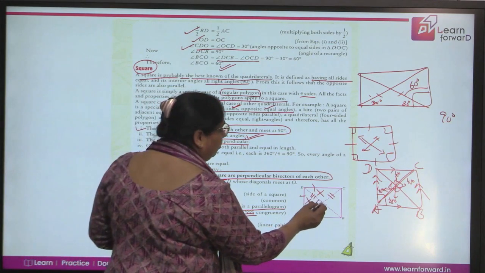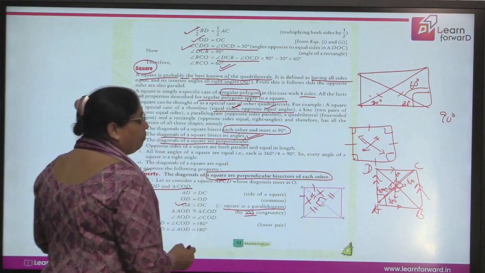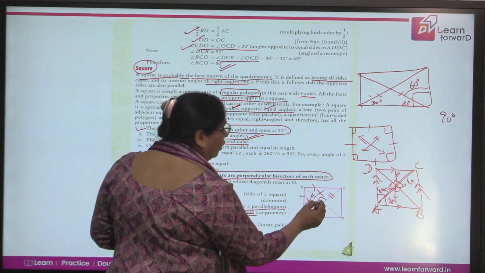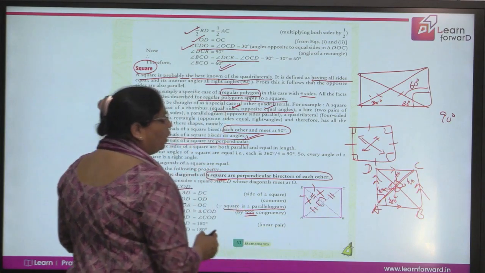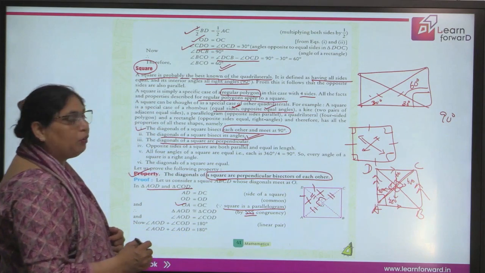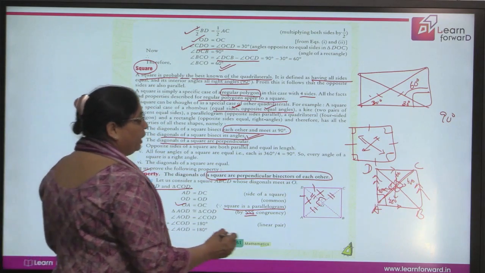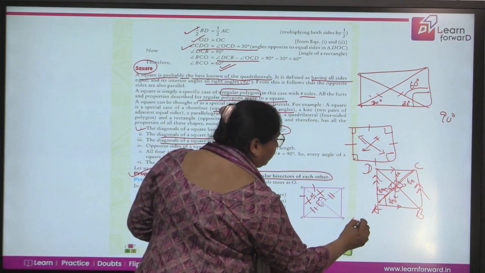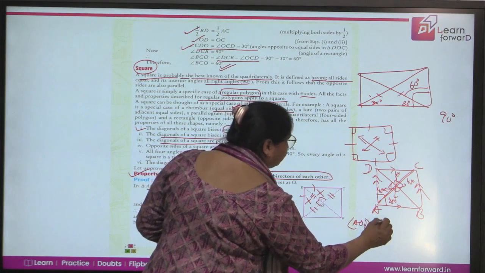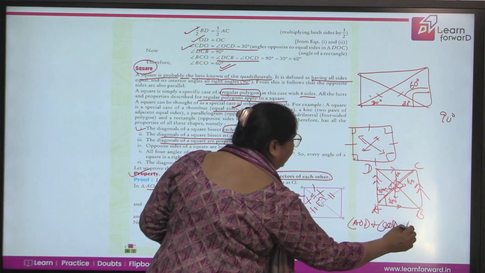equal to angle COD. But by linear pair, the sum of these two angles is 180 degrees. So AOD plus COD is equal to 180 degrees.